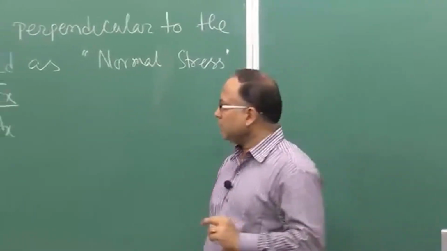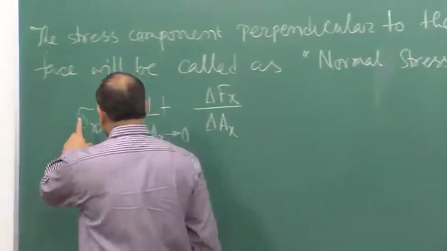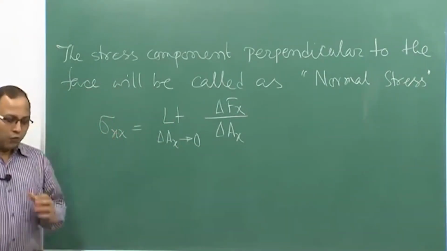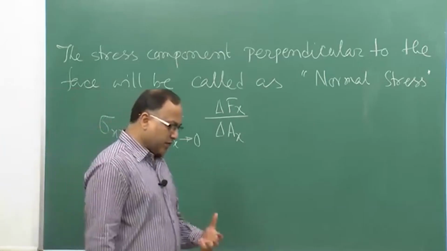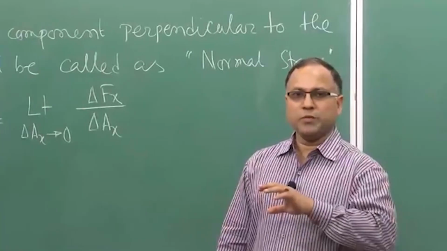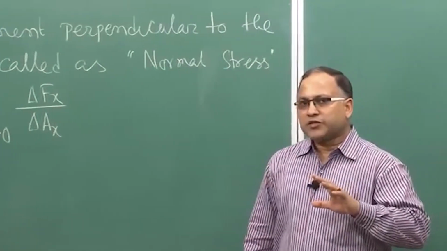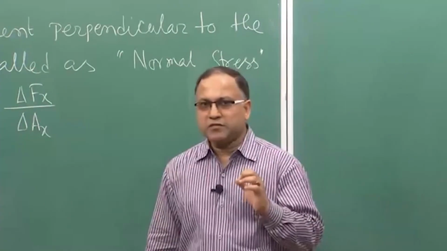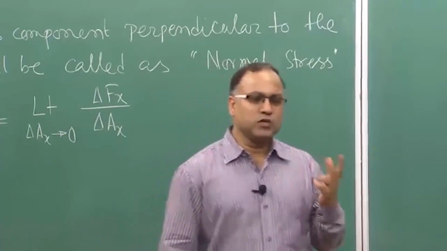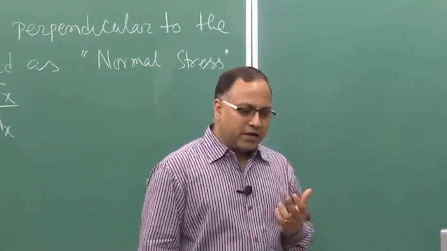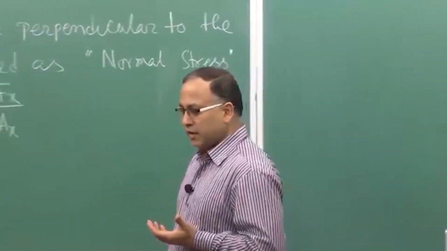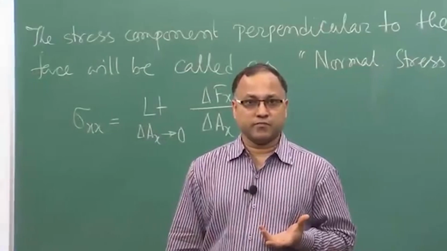Now, after sigma I have written two subscripts, x x. What does it mean? Please try to remember this thing throughout this course. When you define the stress, you need two things: on which plane the stress component is acting, and in which direction.